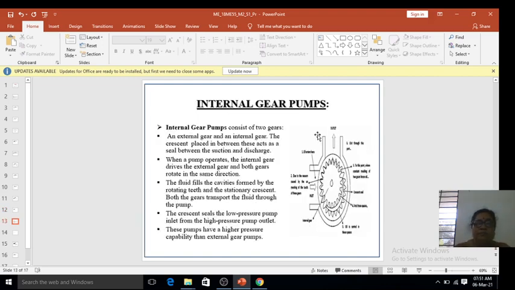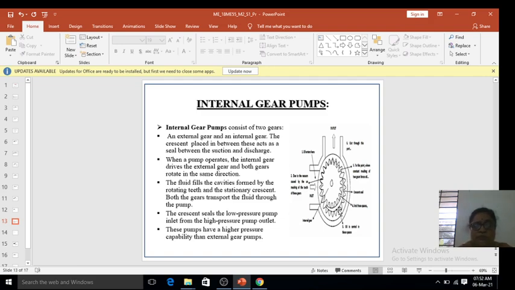So, internal gear pumps. In the internal gear pump, you can observe from the figure, there is a crescent seal. Here also two gears are meshed internally, one over the other, separated by a small seal called the crescent seal. The internal gear pump consists of an external gear and an internal gear. When the pump operates, the internal gear drives the external gear and both gears rotate in the same direction.